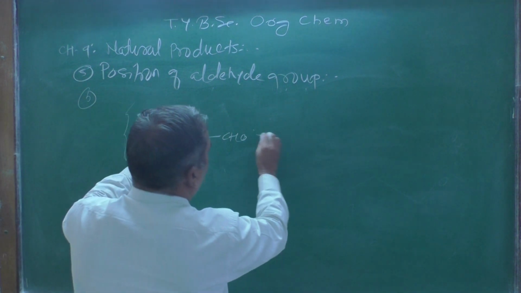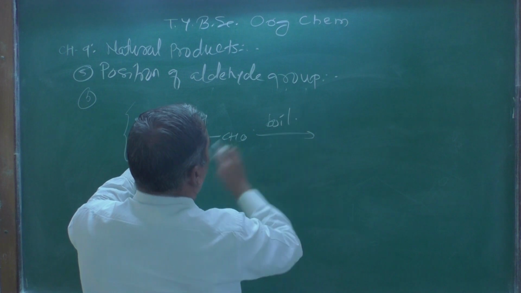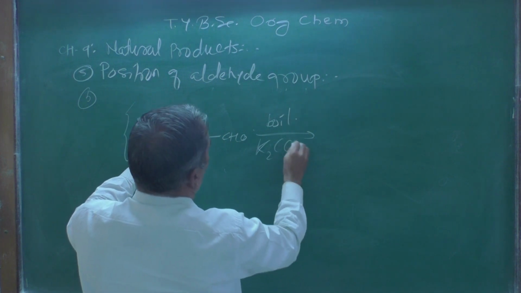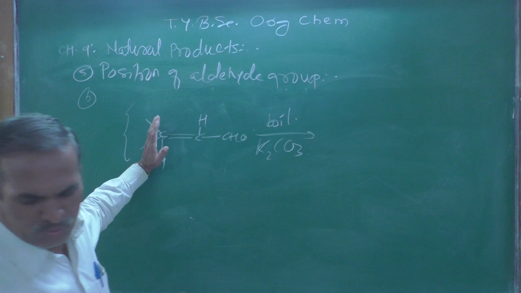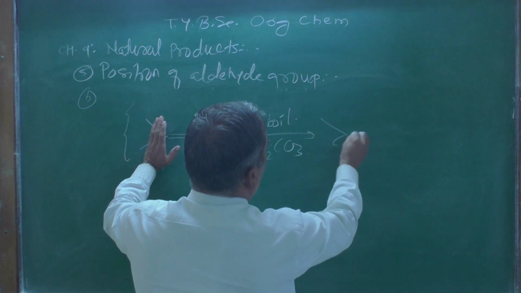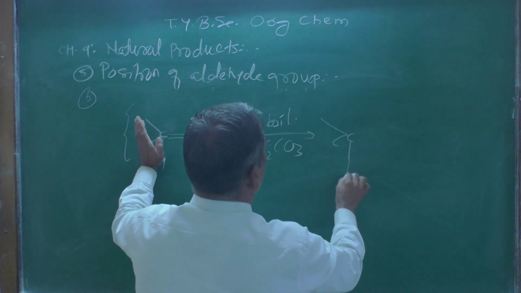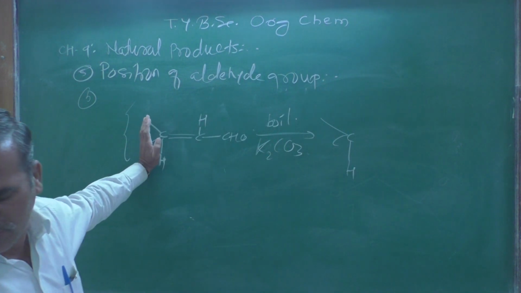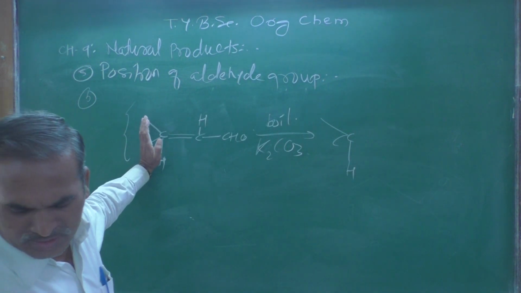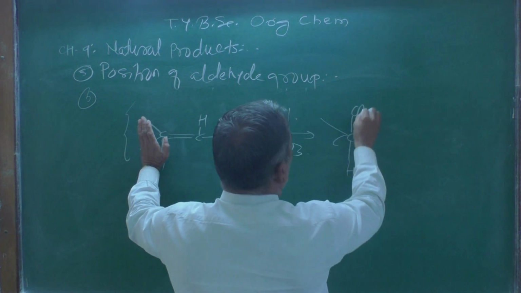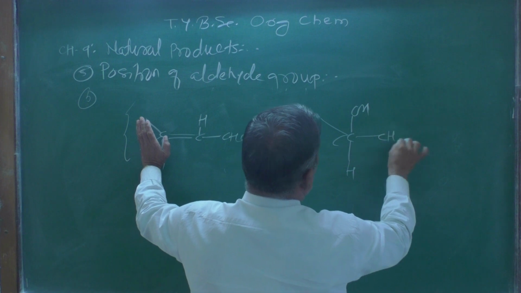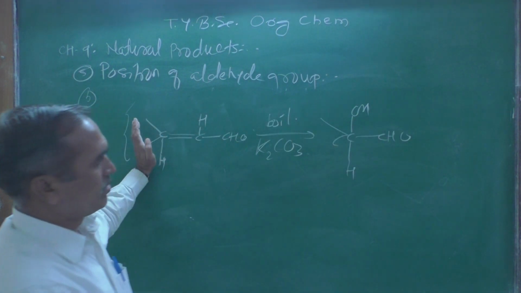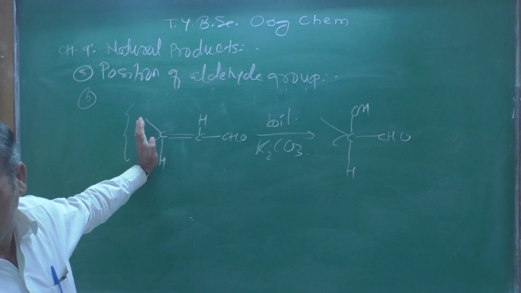When this part is boiled or treated with K2CO3, a potassium carbonate which is a base, what are you going to get? You are going to get the carbon atom, then this hydrogen atom gets replaced by OH, then C, then CHO. The aldehyde group remains as it is.